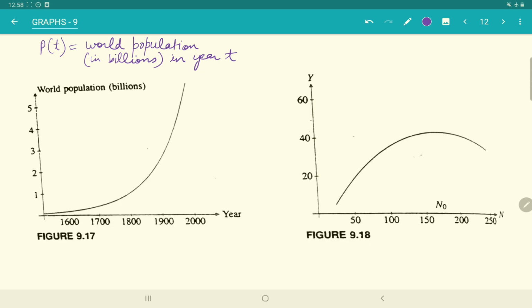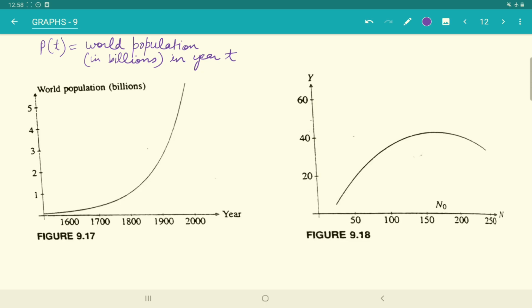So we show the graph of function p, where p of t is the world population in billions in year t. And from this figure 9.17, we see that p of t is increasing. As we go on in time, the world population is surely not decreasing, it is increasing.